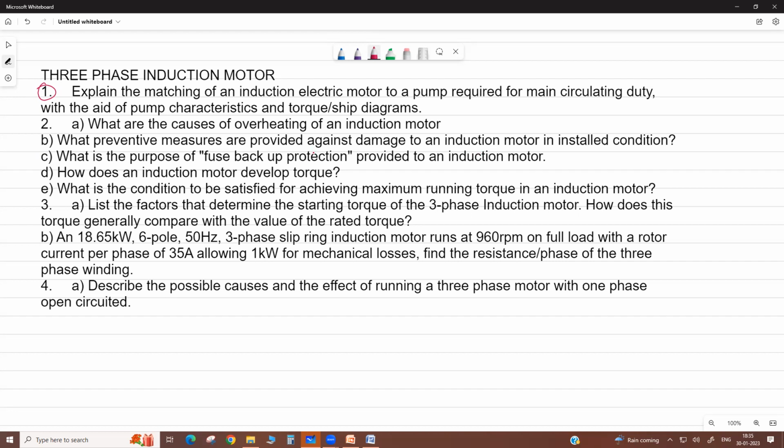Then there is the IP, ingress protection code, the standard we use.